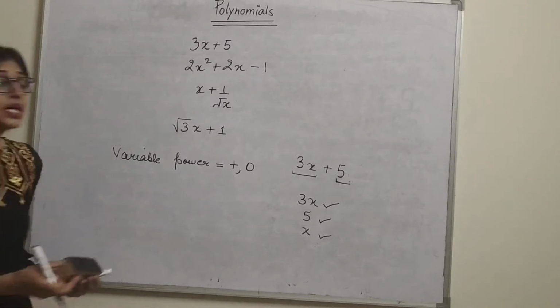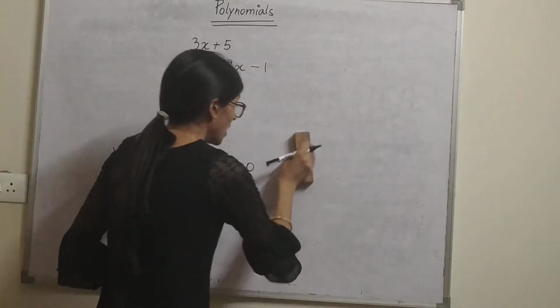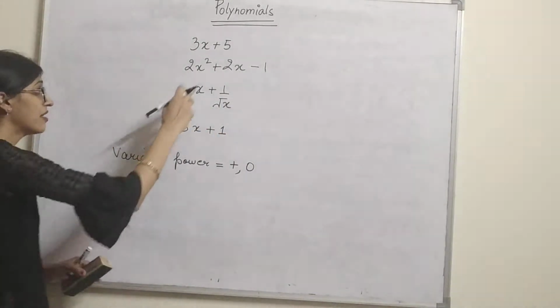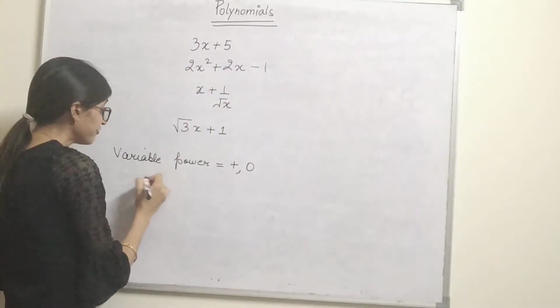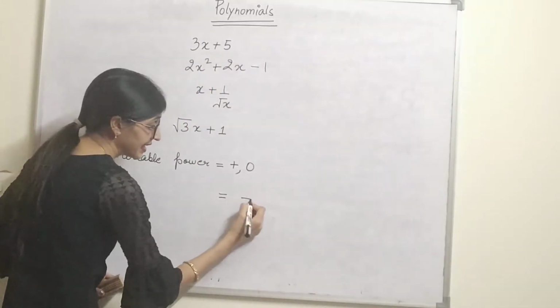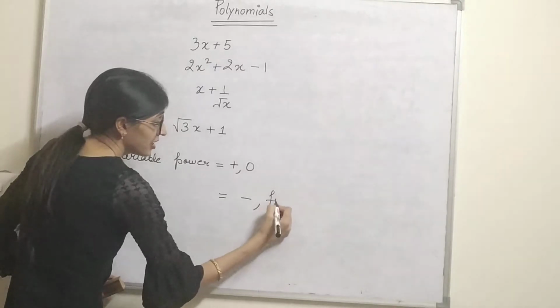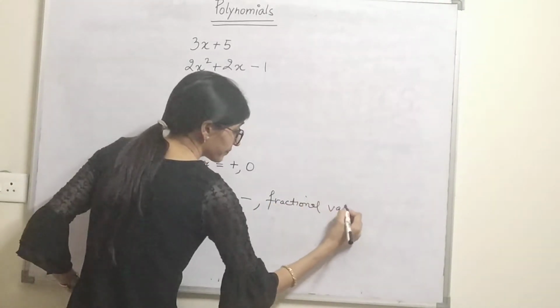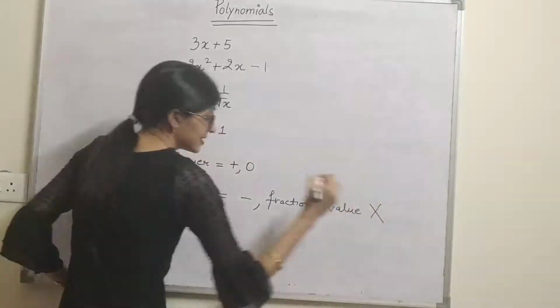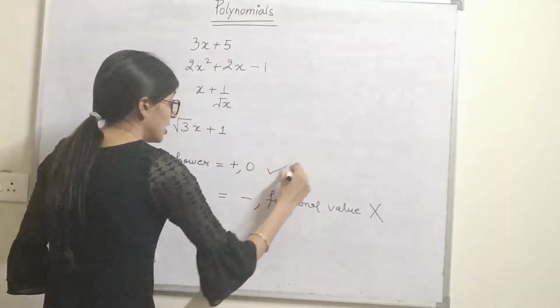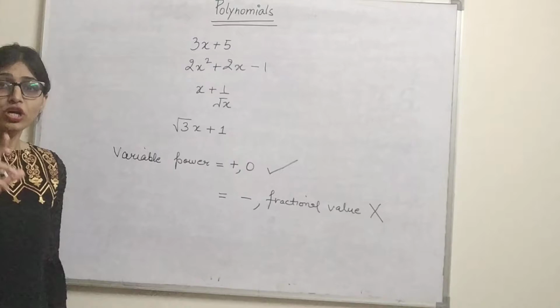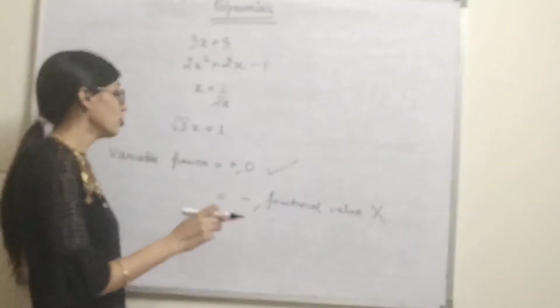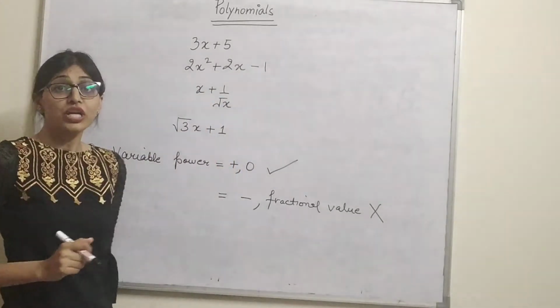It cannot be a negative value. You cannot take the variable power to be negative. If the variable power is negative or it is a fractional value, then it is not a polynomial. Only if the power is positive or zero is it considered a polynomial.